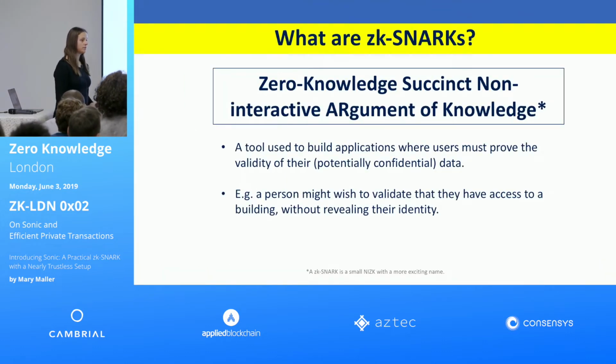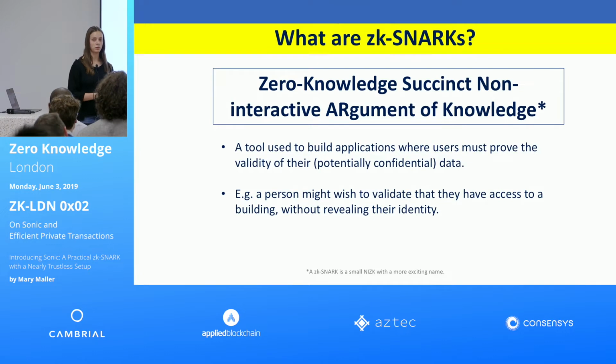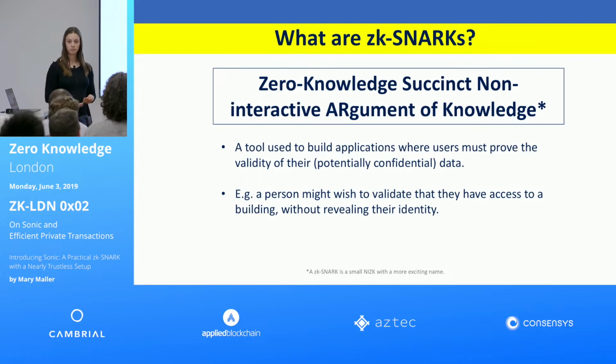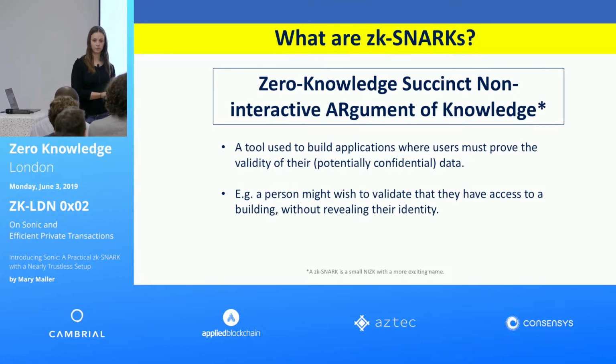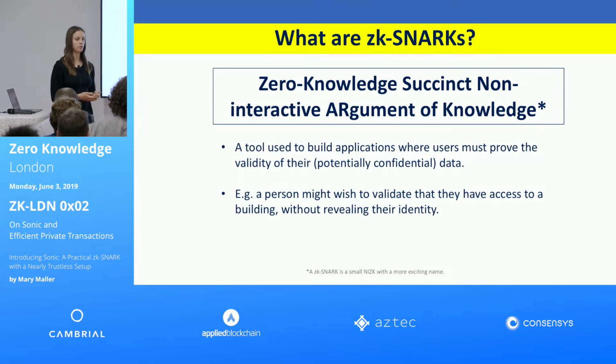So the aim is to build a SNARK. And what are these? They are a tool that you can use for building applications where you care about privacy and about things being correct at the same time. Having something that's private is very easy, because if you don't care about it being correct, you can just say this commitment contains something, and it wouldn't be hard to hide what it was.